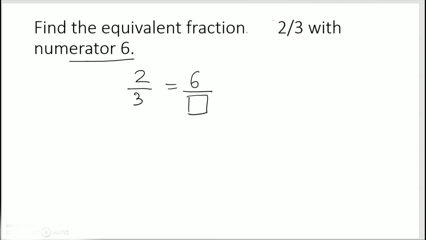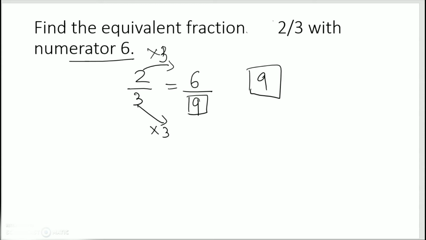We know that we can find equivalent fractions by multiplication or division. Now see here, 2 multiplied by 3 gives me 6. That means 3 multiplied by 3 would give me 9, because we multiply the same number in the numerator and denominator. So 2 times 3 is 6. So 3 times 3 is 9. So 9 is the answer and that is the denominator.